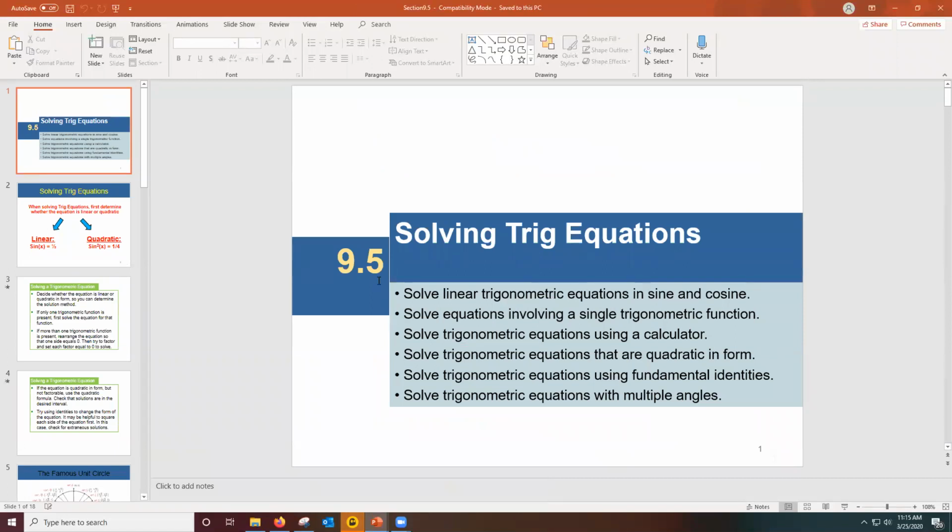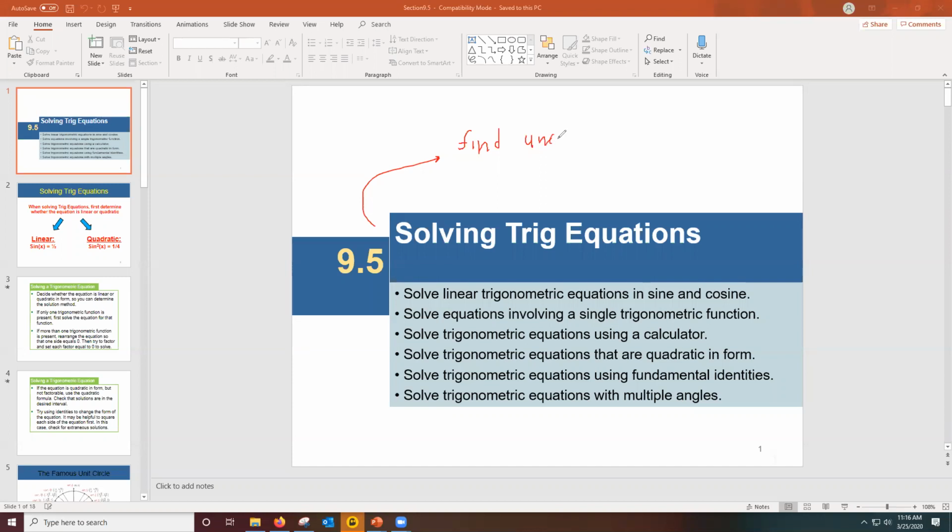All right, well, folks, here's what we're going to try to do. We want to be able to now take trig equations and solve them. So what does that really mean when we want to solve a trig equation? Well, it means you're going to want to find angles, theta. We use theta to mean an angle.